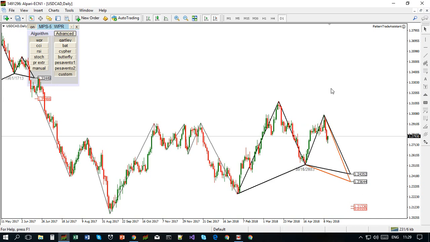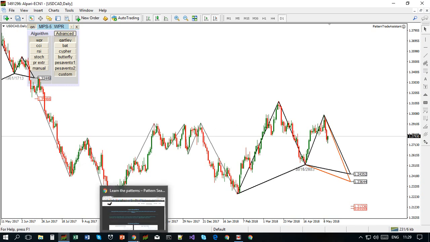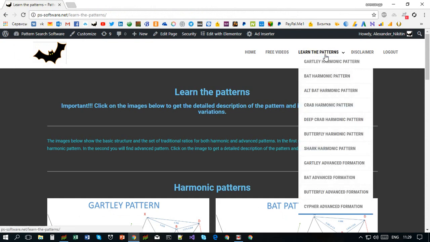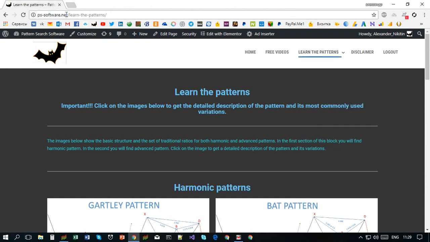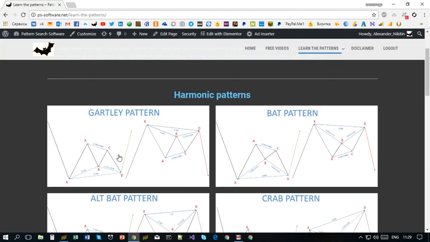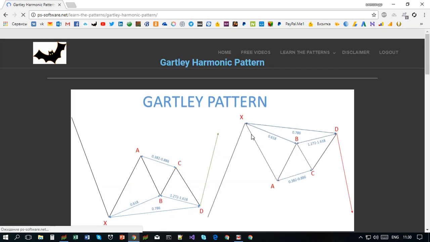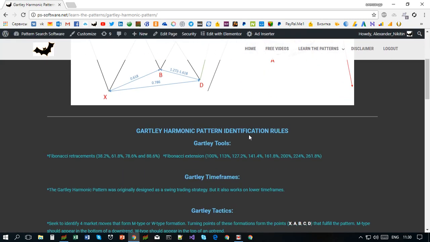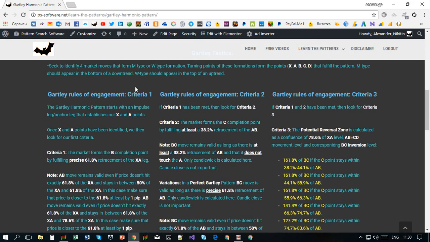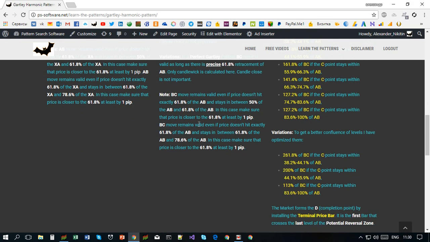Okay, if you are new to pattern trading, you are welcome to visit my website www.ps-software.net. Click this Learn the Patterns tab, and you will have this diagram. Whatever pattern you are interested in, simply click on the diagram and you will have an absolutely free tutorial on how to identify this trading setup: identification rules, criteria 1, criteria 2, criteria 3.